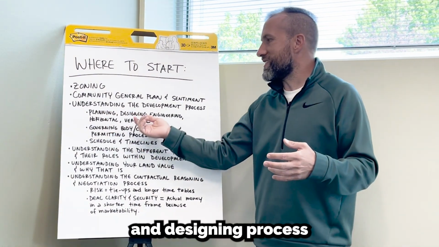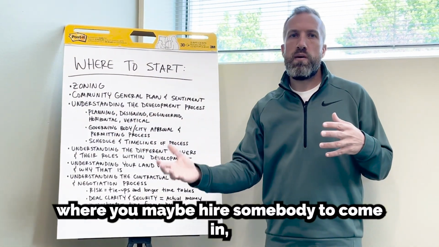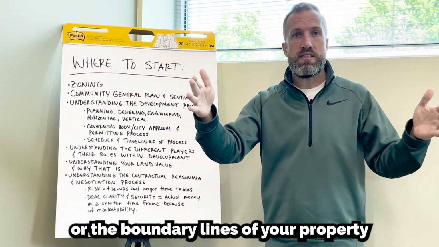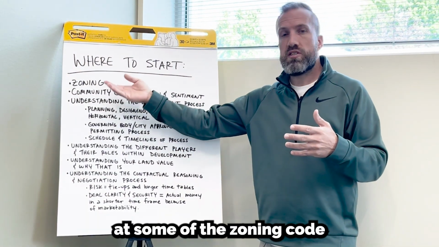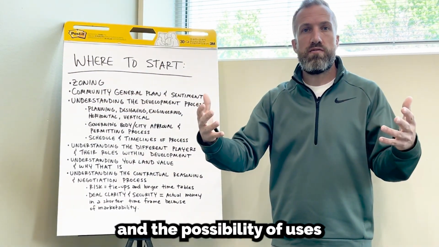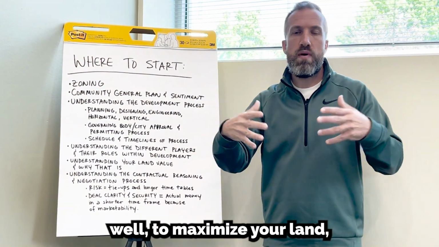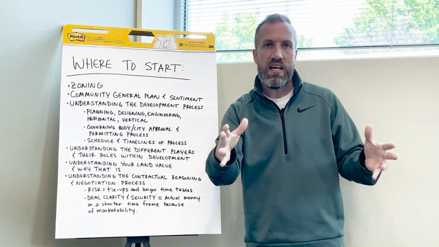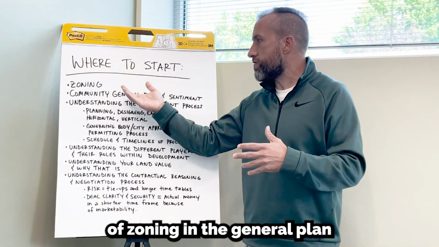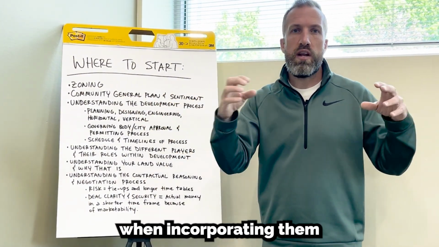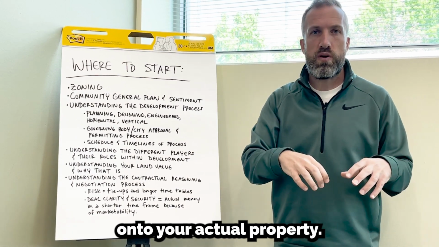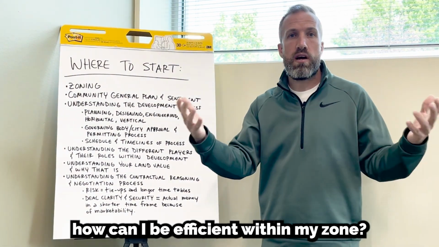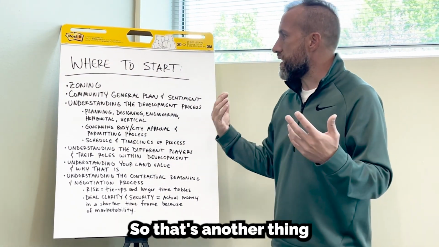Well, there's a planning and designing process where you maybe hire somebody to come in, look at the metes and bounds or the boundary lines of your property, and then also look at some of the zoning code and the possibility of uses on your land and say, well, to maximize your land, here are some plans or some designs that really work efficiently with the product of zoning and the general plan when incorporating them onto your actual property. And so it's a good practice to sit with a land planner and say, how can I be efficient within my zone? So that's another thing you want to understand.